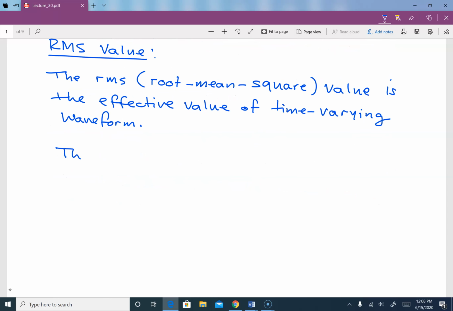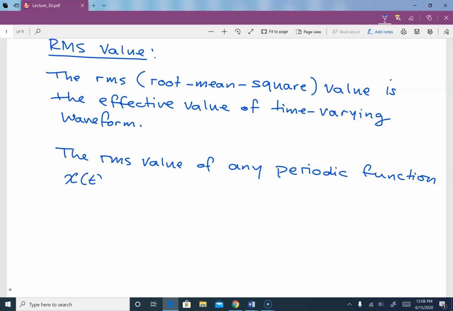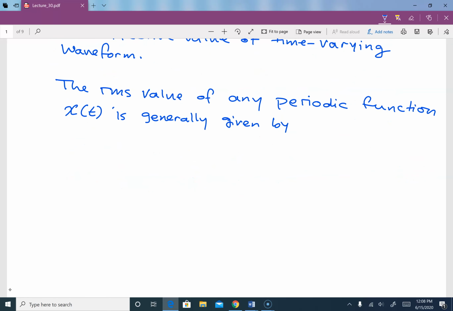So the RMS value of any periodic function, and let's say that the function is x of t, and of course if we have a voltage that will be v of t, if we have a current that is i of t, is generally given by this equation here.